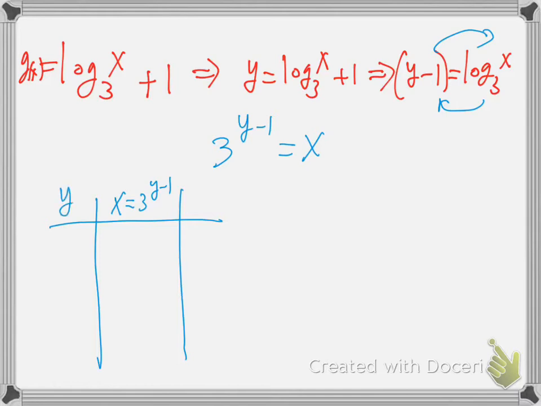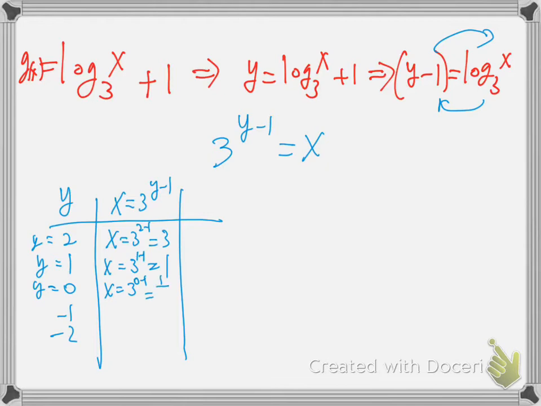So here y is 2, 1, 0, -1, -2. When y is 2, x is 3 to the 2 minus 1's power. So this is 3 to the first power, 3. When y is 1, we got 3 to the 0's power. So it's 1. y is 0, so this is 3 to the 0 minus 1. So it's 1/3.